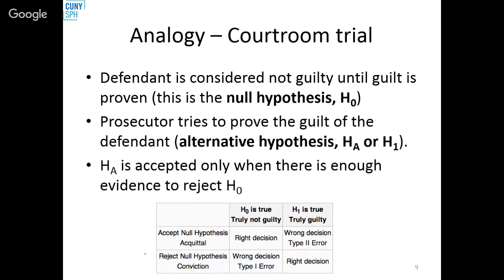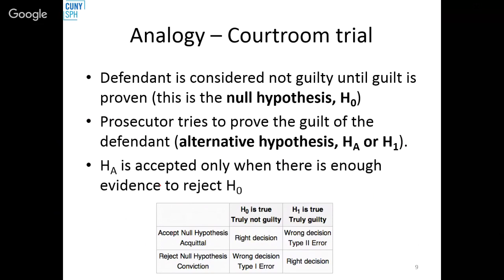In public health, that threshold is often just set at 0.05, but it is worth keeping in mind that that is an arbitrary threshold, and that does place a preference on avoiding type 1 errors. So it is a bit like the courtroom where generally you do not want to convict an innocent person.